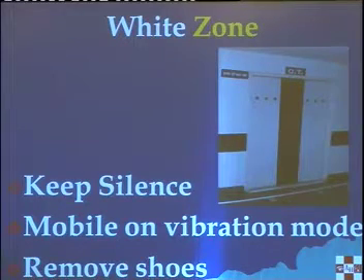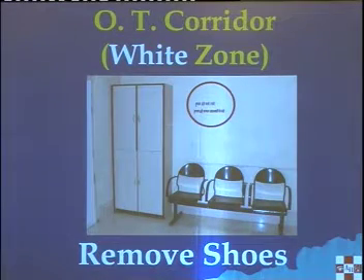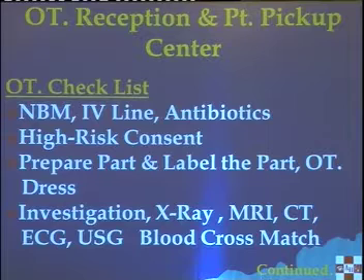There the OT discipline starts. You have to be very silent, put your mobile on vibration mode and remove your shoes. Then as you cross that white zone, you put your shoes at one place, and at that area you have a reception area.